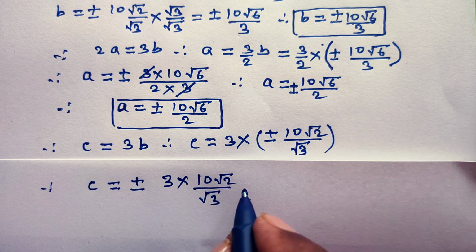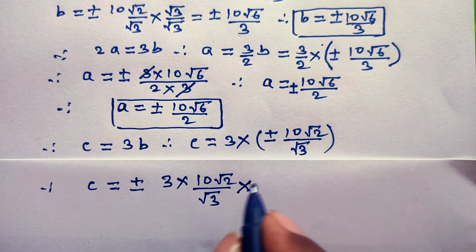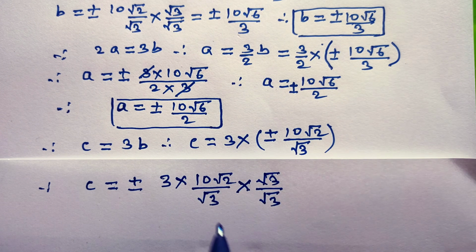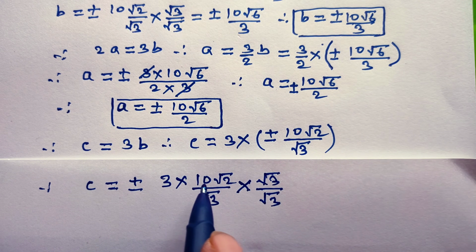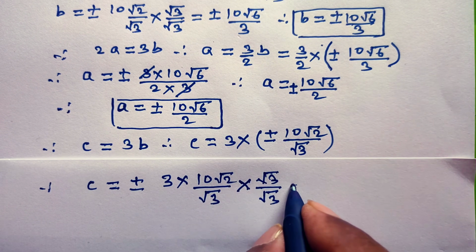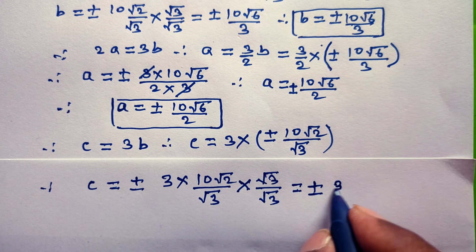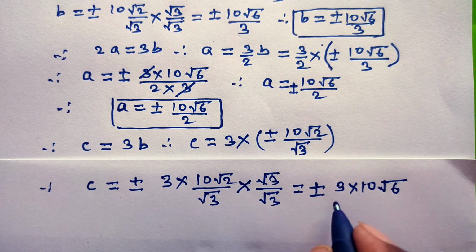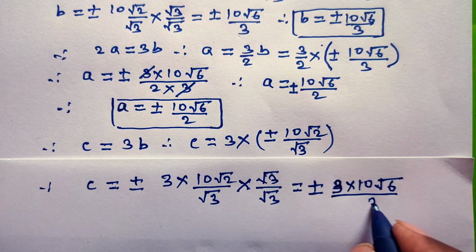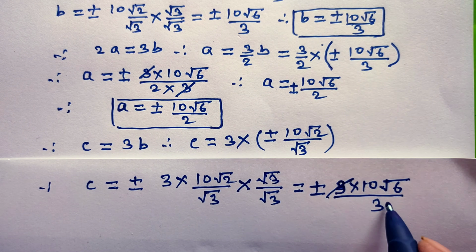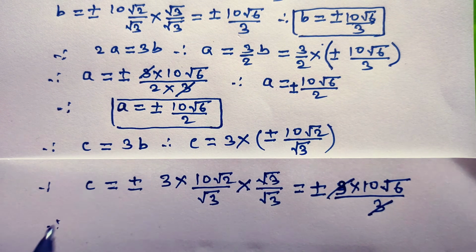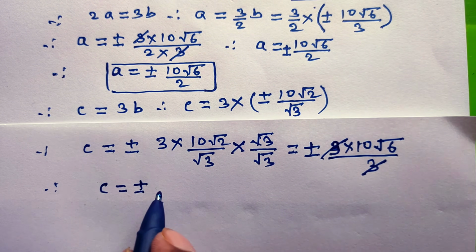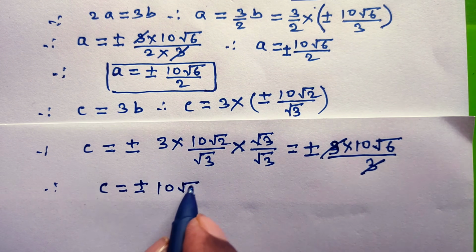Now here divide and multiply by root 3. Now root 3 into root 3 is 3 and 10 times root 2 into root 3, so this is equal to plus or minus 3 times 10 into root 6 divided by 3. Now this 3 cancels with this 3 and finally C is equal to plus or minus 10 times square root of 6.